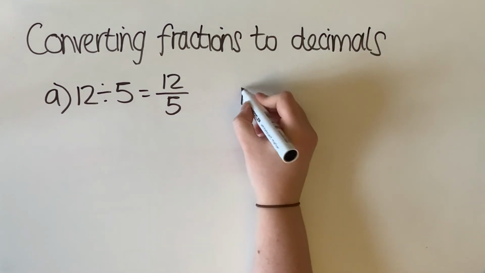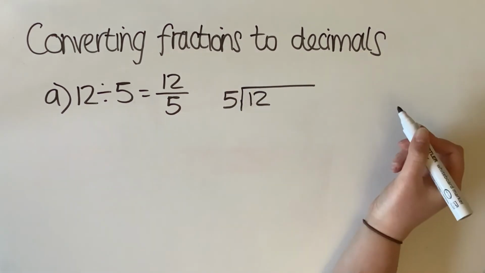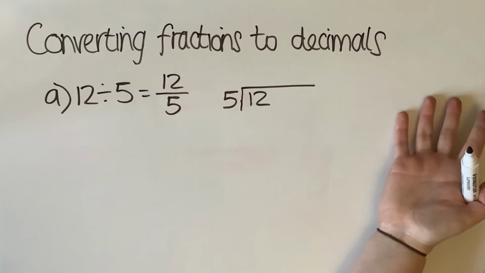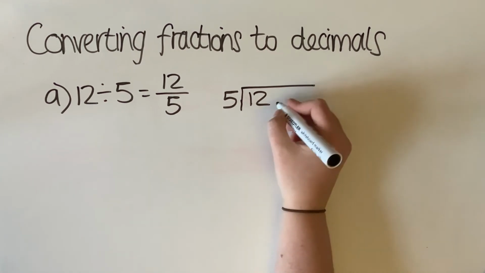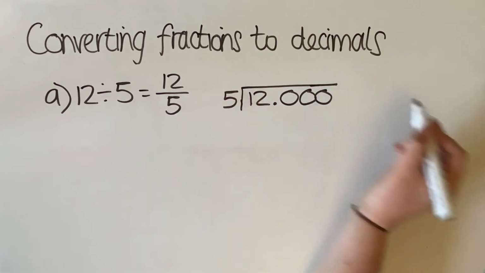So I would do 12 divided by 5. For all of these, if necessary, we will need to round to 2 decimal places. So just in case, I'm going to put my 3 zeros after my decimal point ready.